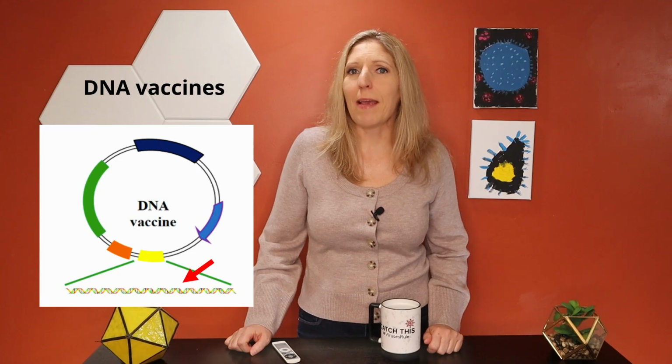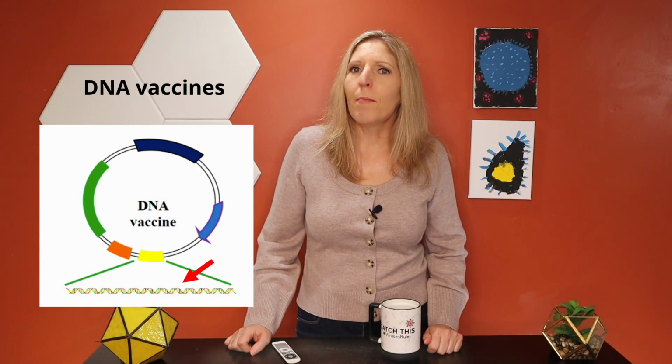DNA vaccines consist of a genetically engineered circular DNA molecule containing a gene that encodes a pathogen-derived antigen. Once injected into a recipient, the molecule enters cells and the DNA is transcribed into RNA. The RNA is then translated into the antigen protein, which stimulates the immune system to make protective antibodies.